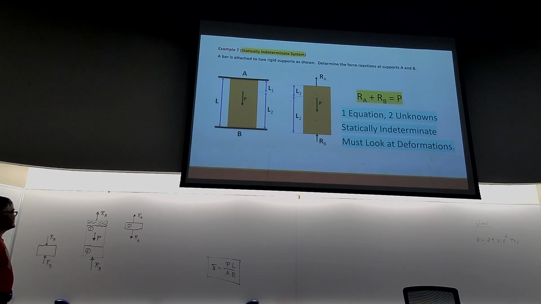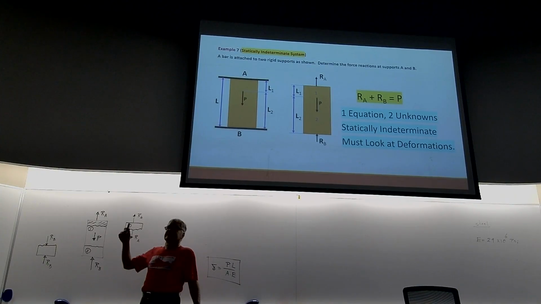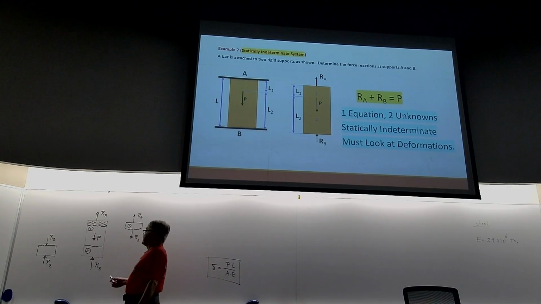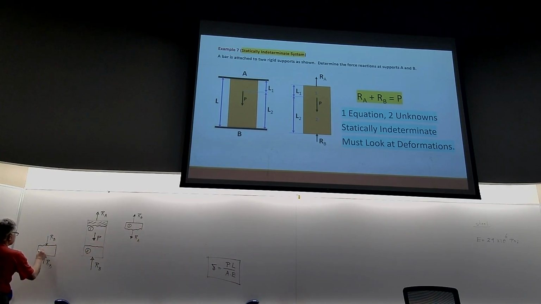So what this shows is that segment one is in tension and it's going to get longer. Segment two is in compression, so it's going to get shorter. The deltas must add up to 0, right? Delta one is positive, the other is negative, they add up to 0.